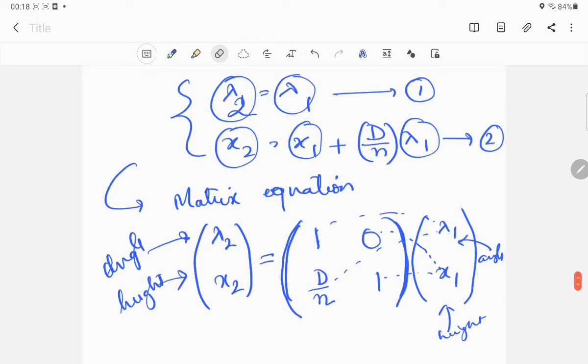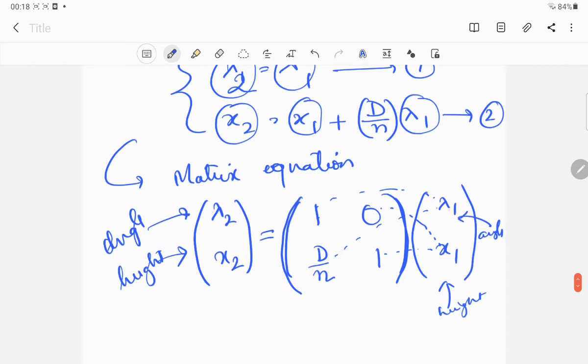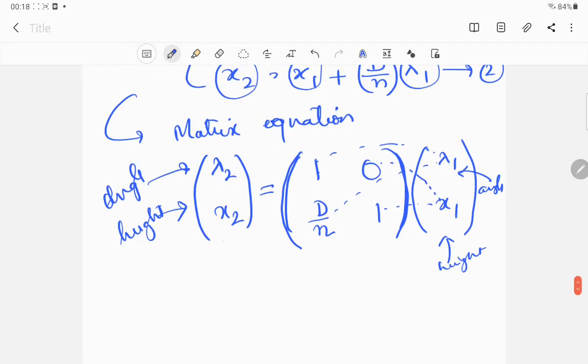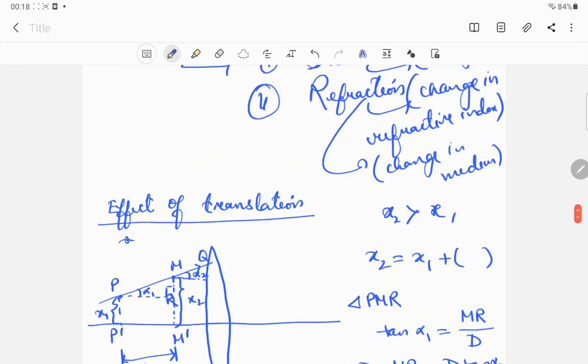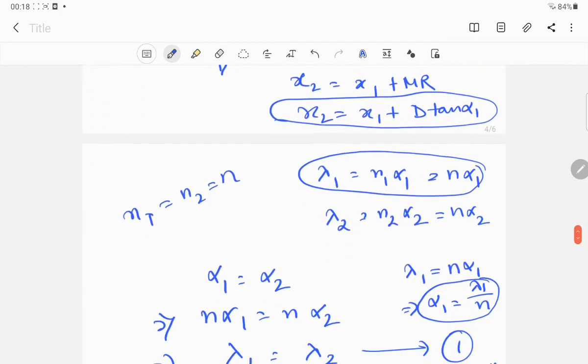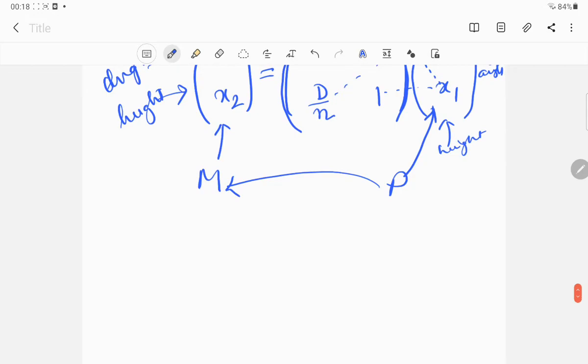Okay, so you can see what happens whenever you do translation. Okay, so this translation, you see in the diagram, this particular matrix is for the point M and this particular matrix is for the point P. So translation is happening from P to M. Okay, you can see in the diagram, translation is happening from P to M. The ray of light is going. So during that translation process, how does it change? How the angle and the height of the image changes due to translation. So this goes like this, you see.